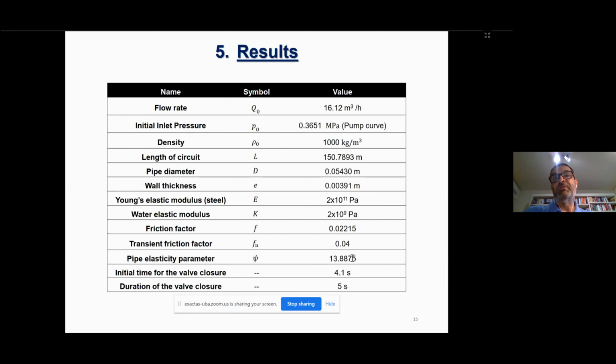The simulated measurements were taken with those reference parameters, where the transient in the flow is induced by the closure of a valve at the outlet of the pipe, after a steady state was reached. So we reach a steady state, and then 4.1 seconds after the steady state was reached, we close this valve, and the closure of this valve takes 5 seconds.